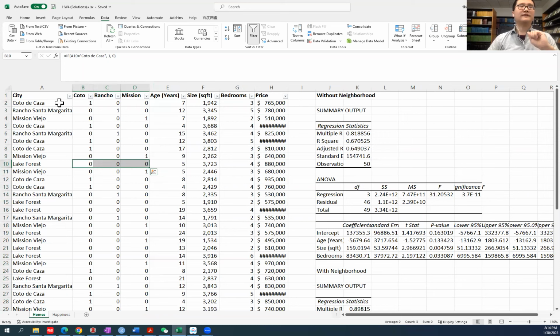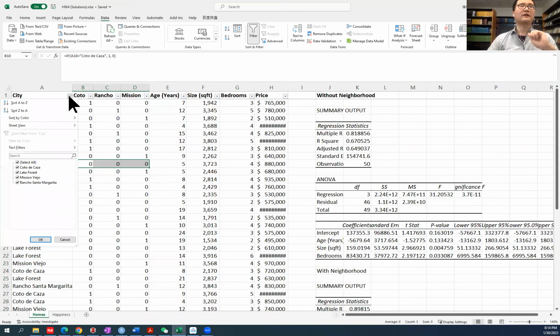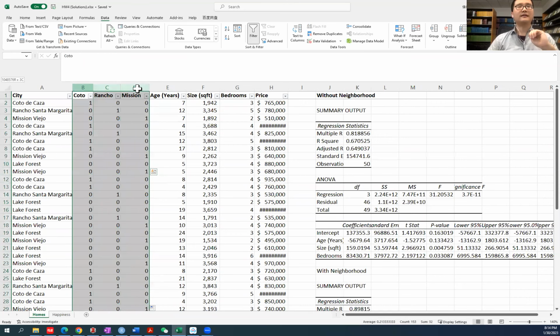For the case of a city where there are 4 distinct cities, we could use 3 variables with values 0, 1 to represent a categorical variable with 4 levels. All right. That's so much about building indicators for categorical variables.